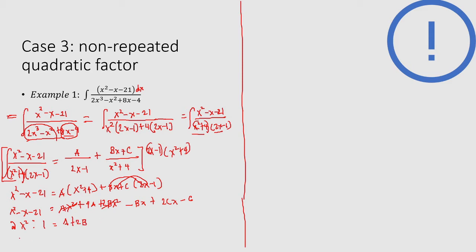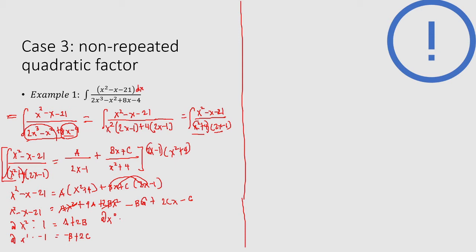At x to the power of 1, you have negative 1 is equal to negative B plus 2C.